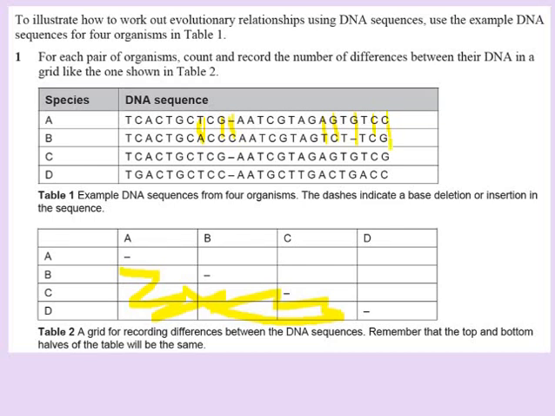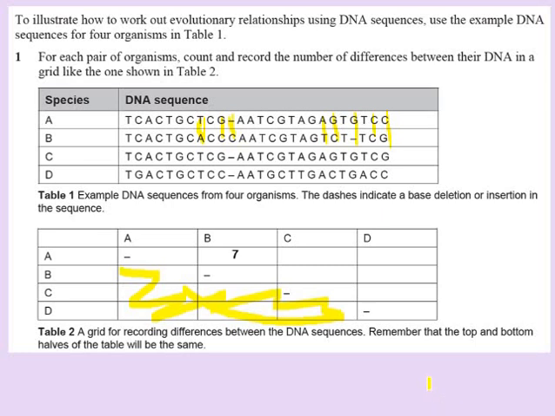That's a difference and that's a difference. So that's 1, 2, 3. If I made a mistake somewhere, 1, 2, 3, 4, 5, 6, 7. Ignore that C there, sorry. There's 7 differences between A and B.